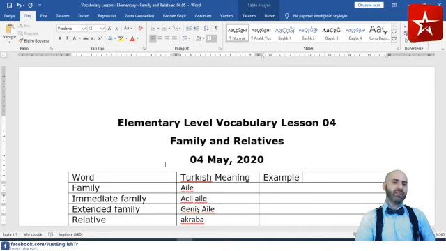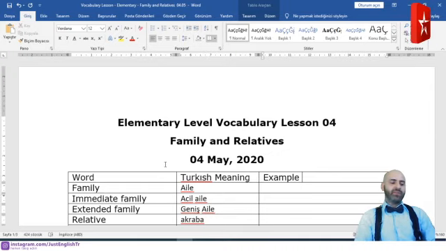They are not your immediate family. The people in your family are called relatives. Okay? Everyone, we can say, is a relative. Usually, we don't use the word relative for mother and father, but for extended family we use relatives.